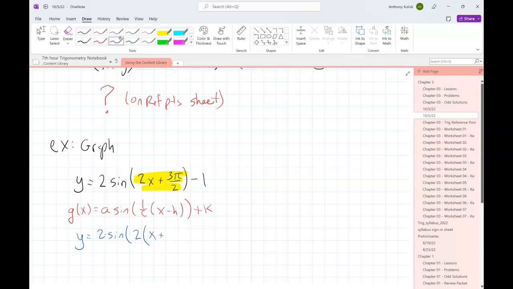And then what does 3 pi over 2 become? So dividing fractions is the same as multiplying by the reciprocal. So it should be 3 pi over 4. Is that okay with everybody?